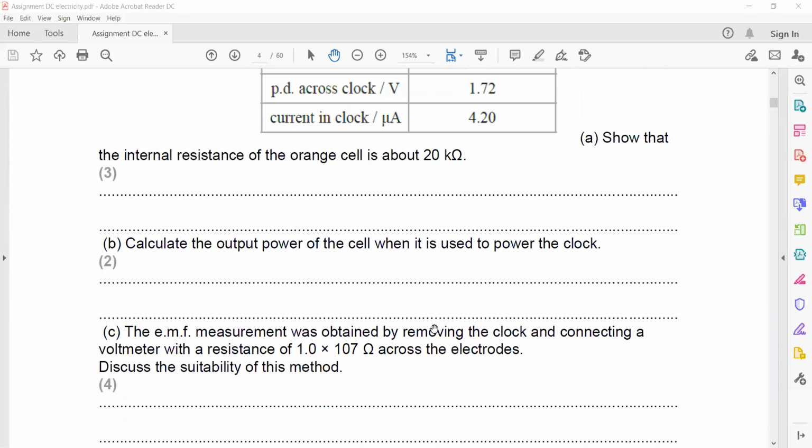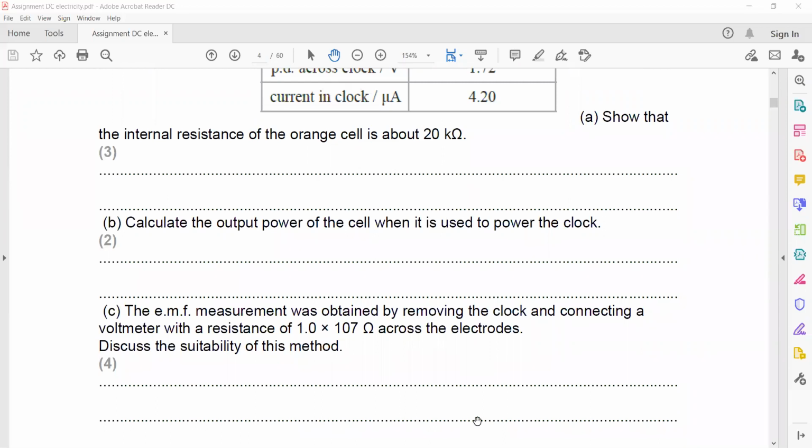Calculate the power output of the cell when it is used to power the clock. So power P is equal to VI or P is equal to I square R. You can use this formula. We know the voltage and current, so we can use P is equal to VI. The power is a product of voltage and current.